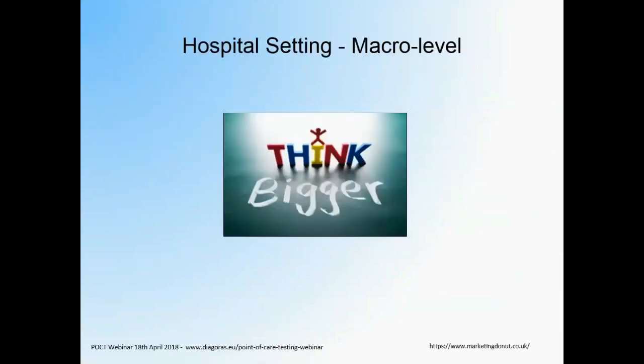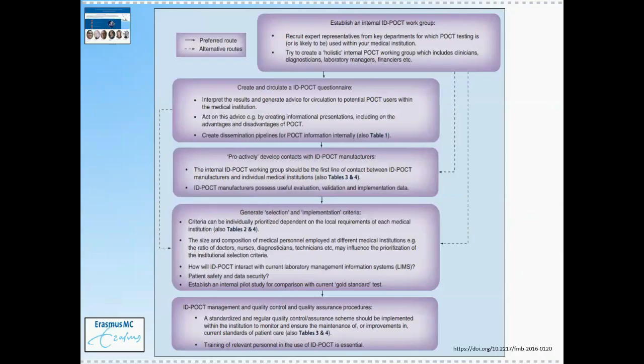Well, the macro level really means looking at the bigger picture, considering in this case the institutional level rather than the individual department or user, looking at how this will affect the whole institution, that is, the implementation of point of care testing and infectious disease point of care testing. This is a little bit of a busy slide, but I just want to show a few main details.